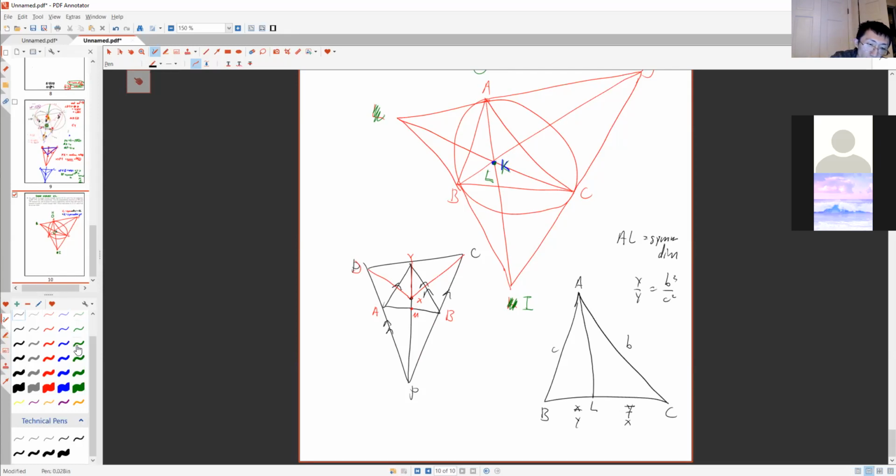So that means that if we knew the ratio of this to this, then we can figure out the ratio of that to that. The problem is we don't know that. It might also be true that this is a symmedian line of XDC, but I'm not really sure.